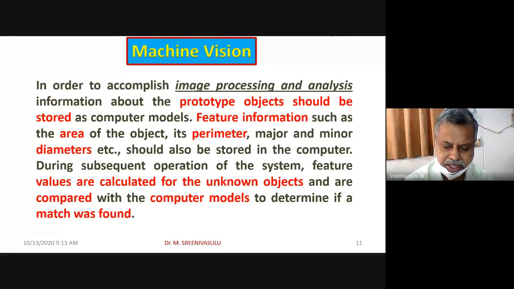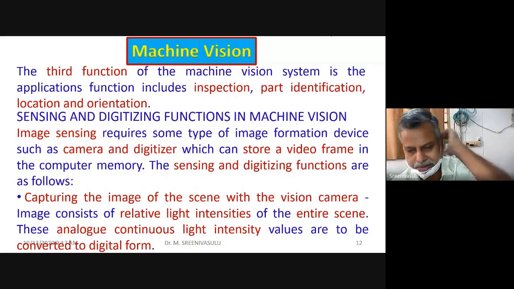So it is going to extract the feature informations of all those objects, and that feature information being extracted are going to be compared with the feature informations in the name of computer models being stored in your computer. Based on the relative comparisons and match that has been formed, it is going to give conclusions that this is the kind of object it is.